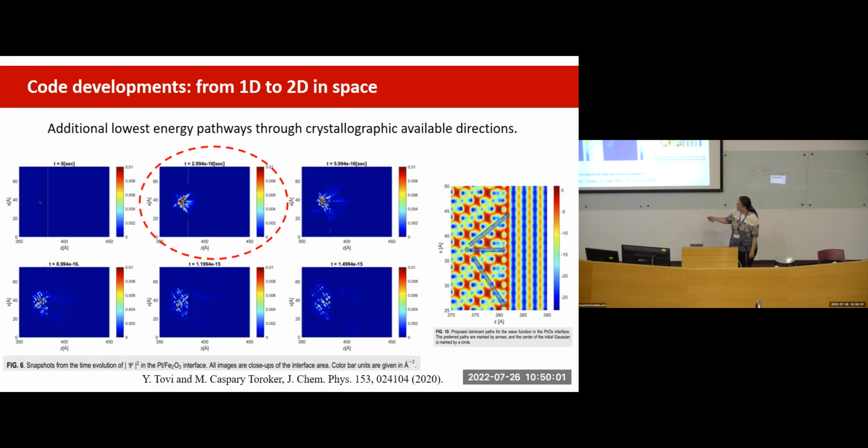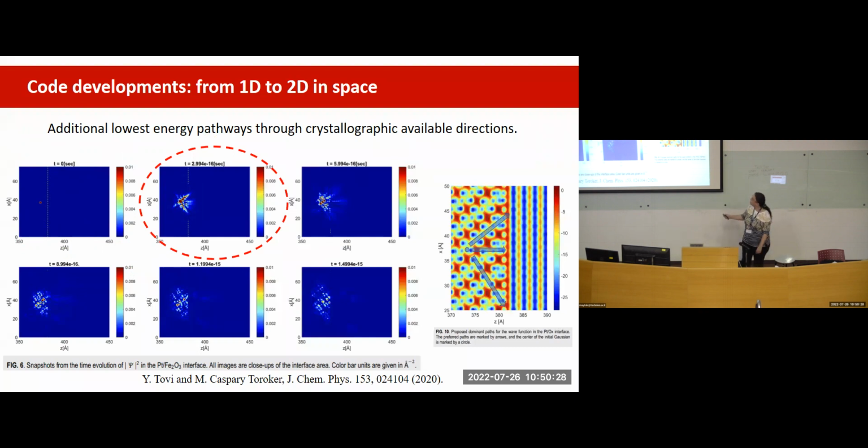So this is how the wave function looks when we look at it in two dimensions. This is the z-axis. This is the x-axis. And you probably cannot see the wave function. It's a red dot here. It starts from the left, from the oxide side. So this is T0. And after some time, you can see the wave function scatters in all kinds of directions.